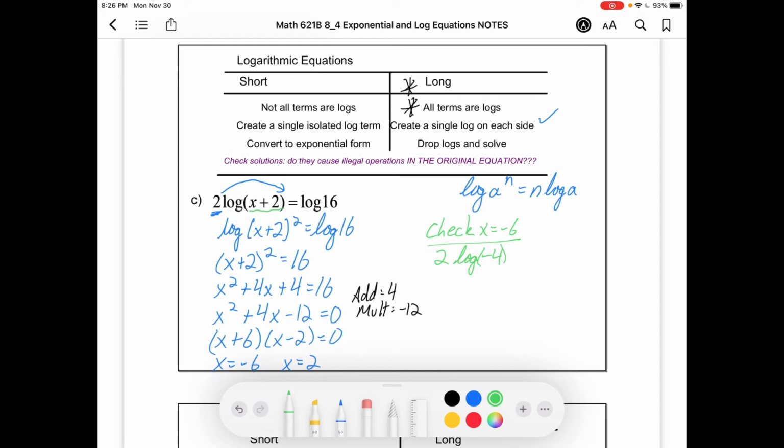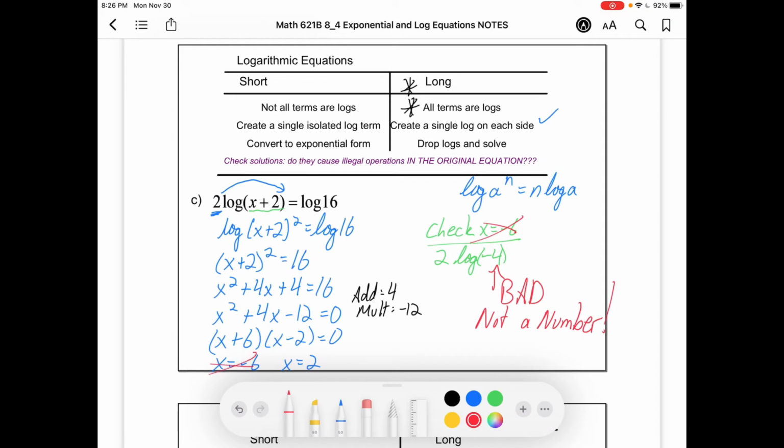Now somebody's going to say, well, if you put it in the second step, though, it's okay. That's not how we check our equations. We check them from the original statement. So since this is bad, or what my calculator would call not a number, x equals negative 6 is not part of the solution.